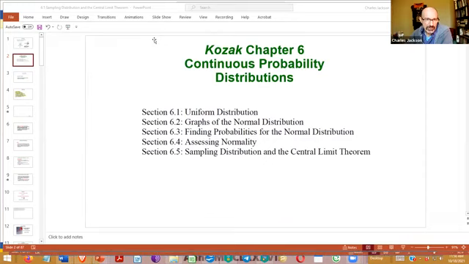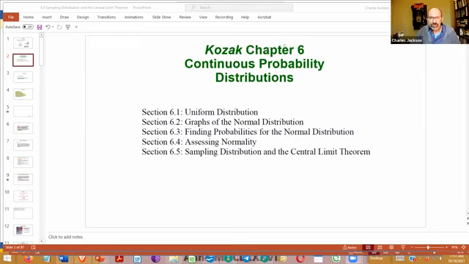You might remember that there were two branches of statistics, descriptive and inferential. We want to be able to draw inferences. We want to be able to make predictions about populations, given what we know from sample statistics.